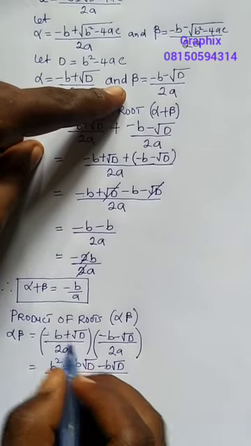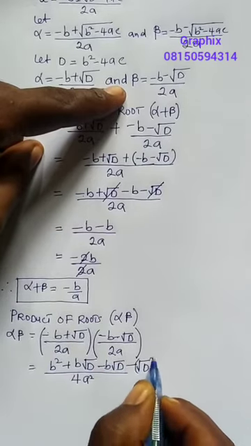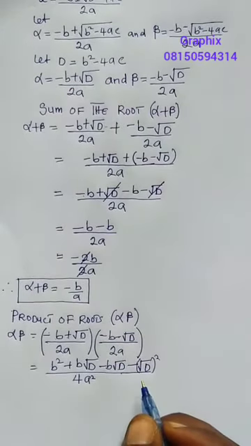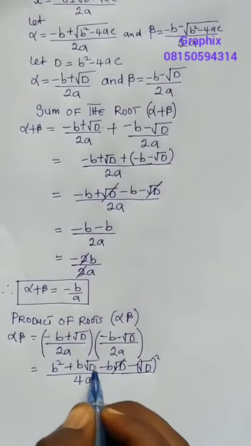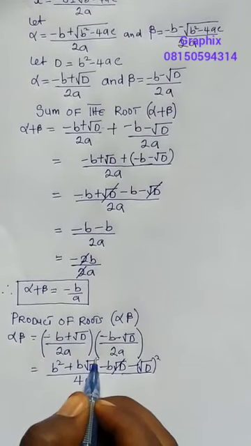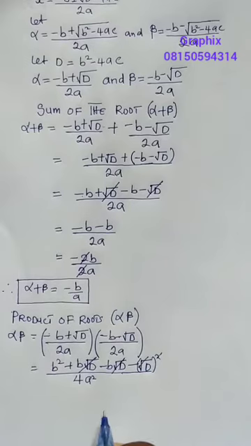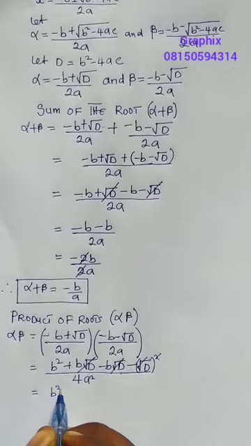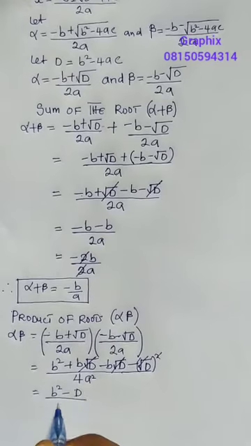Then plus times minus gives minus, root D times root D gives root D all squared. The square cancels the square root, so we are left with b squared minus D all over 4a squared.